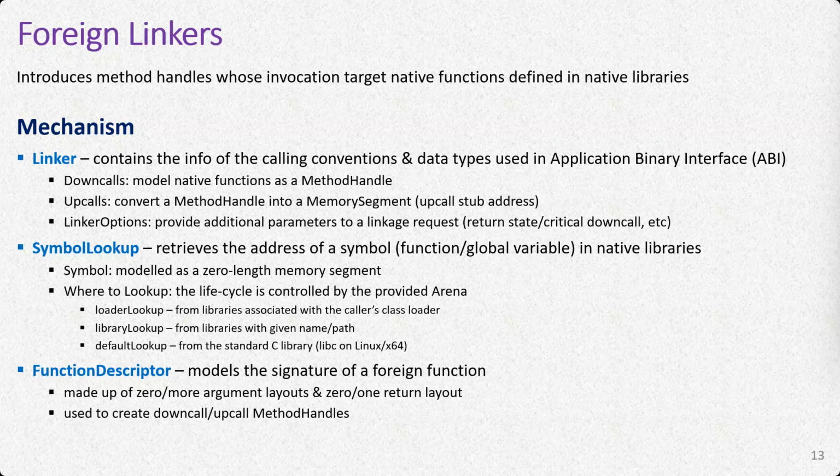In which case, if the class loader is removed by the garbage collection, the symbol segments will be released altogether. The library lookup provides another option to get a function symbol as long as you know the library path. For the default lookup, it just simply returns the specific function symbol from standard C libraries on a given platform.